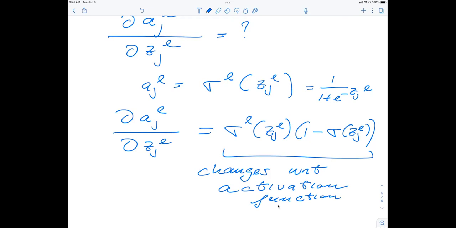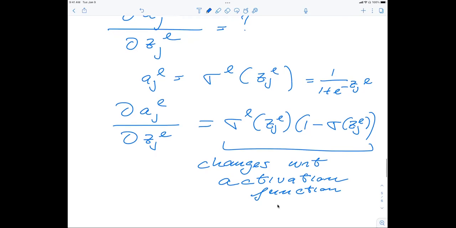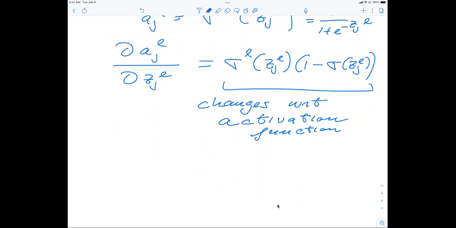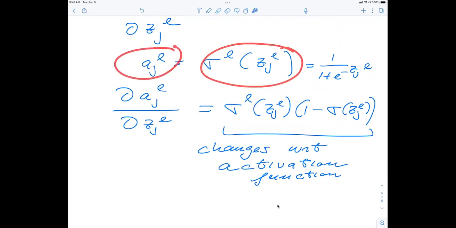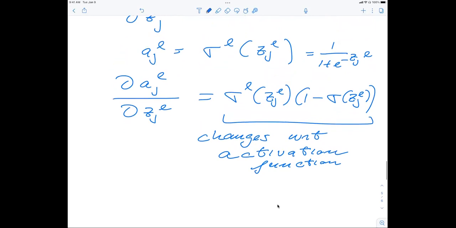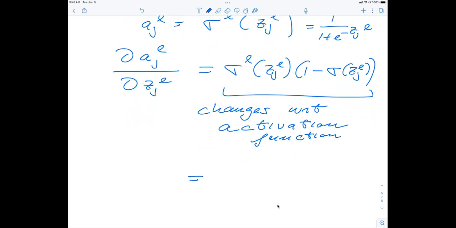Okay, so what we have then is this specific function here, and we can rewrite that if you think of the activation function as we have stated. So in this specific case, this becomes a_j^L multiplied with 1 minus a_j^L.